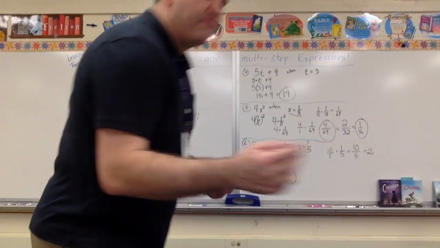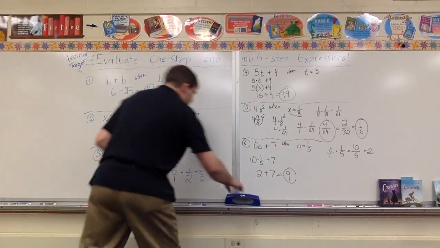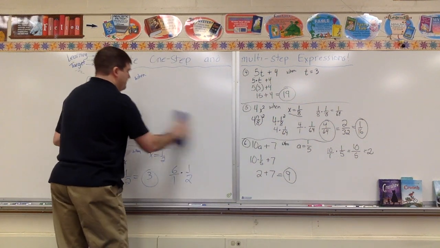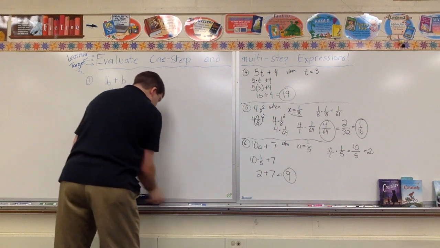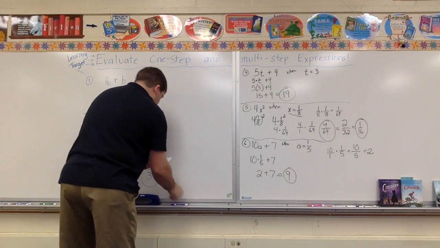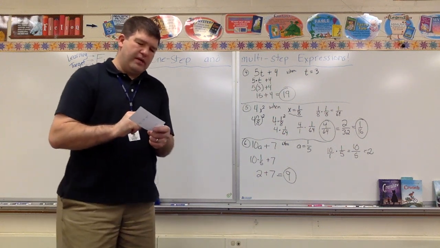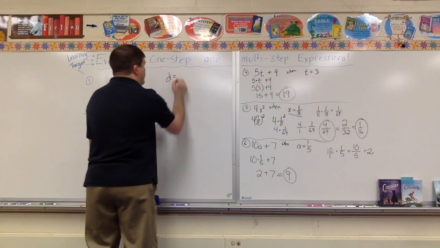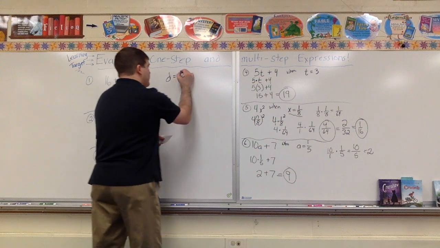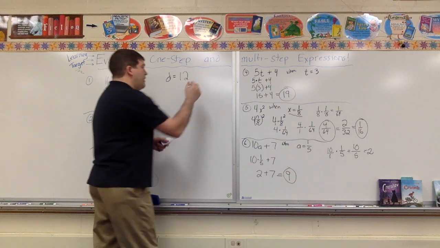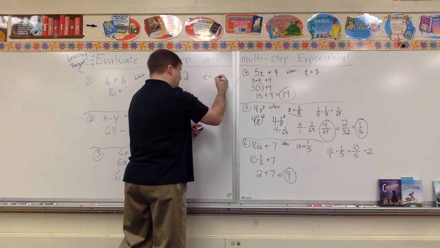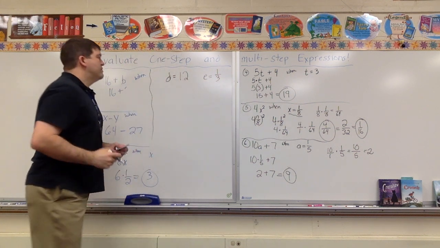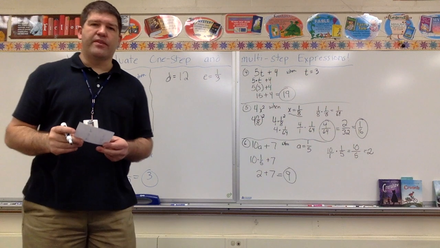Okay, I have 3 problems that I'd like you to do. I'll put those here on the board. So I'm going to give you 2 variables, d equals 12, and e equals 1/3. Okay? So d equals 12, e equals 1/3.